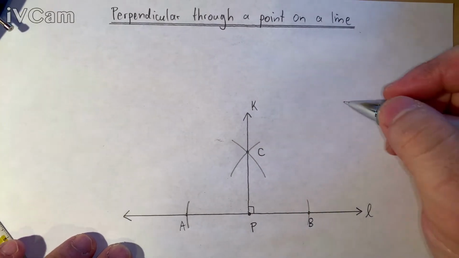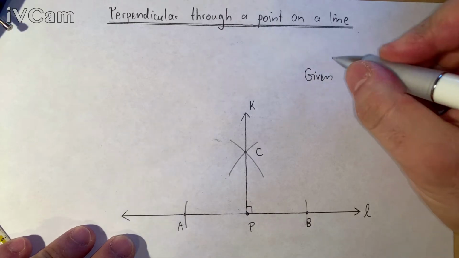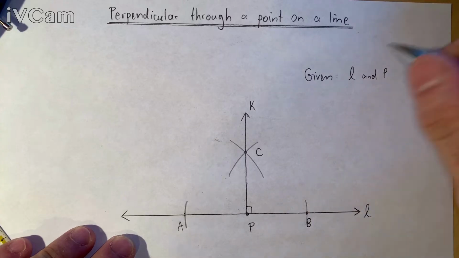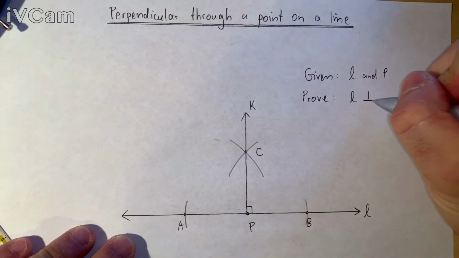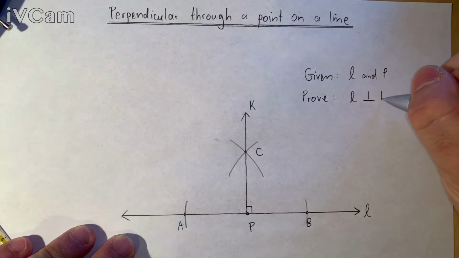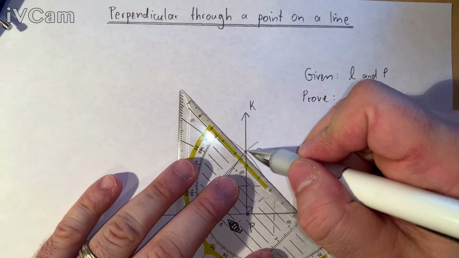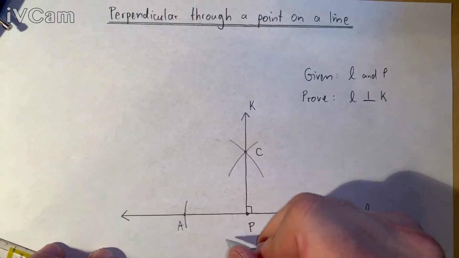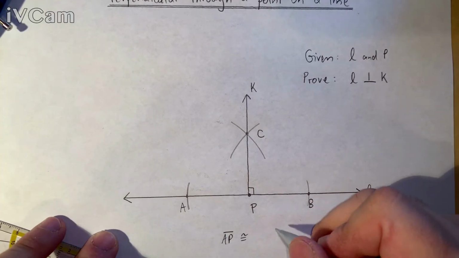So if we had to prove this, we can think of the following. Here we're given line L and point P. How would we prove that line L is perpendicular to line K? The key here is to really understand that segment AP is congruent to segment BP.